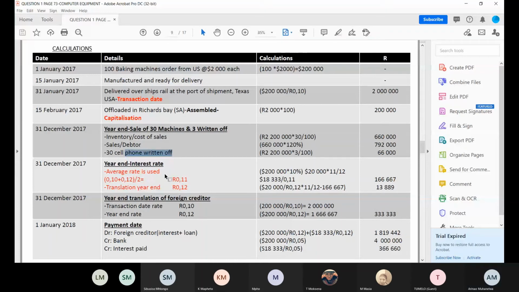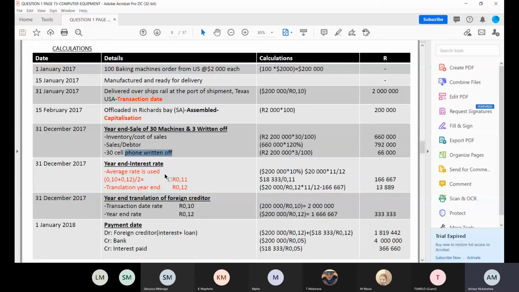So, in order for us to determine the average rate, we're at year end. We need to take the spot rate at transaction date and add it with the spot rate at year end, in other words, on the 31st of December.